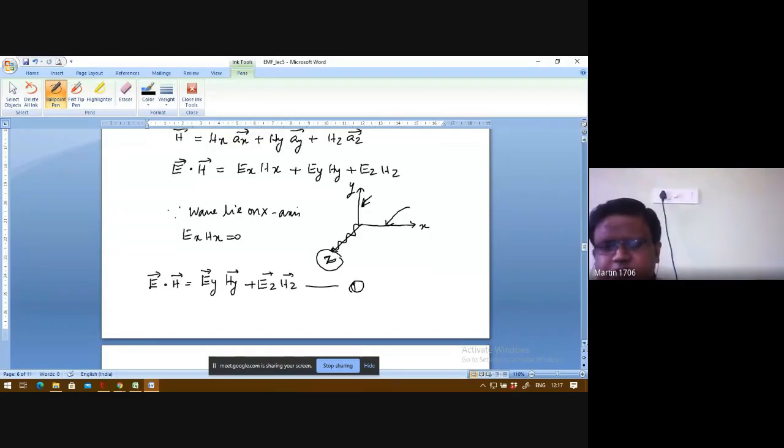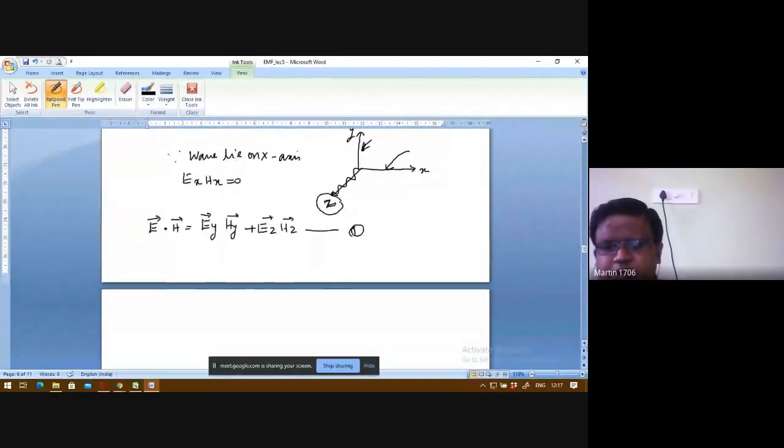Now I am going to introduce another constant called intrinsic impedance. The word intrinsic literally means an internal property of any substance, material or product.